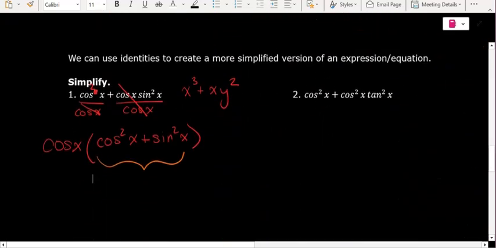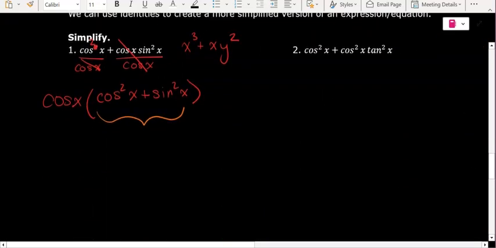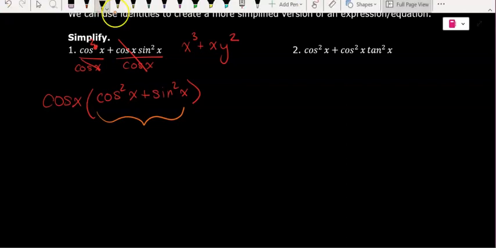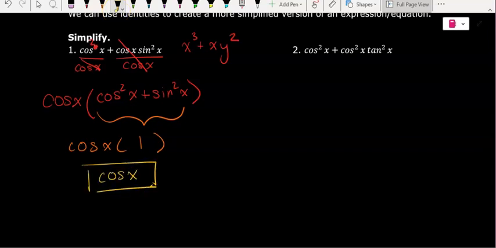As soon as I see something like that, where I see cosine squared plus sine squared, I'm going to immediately turn that into 1. So really what I just have here now is cosine x times 1. Well, we don't really write something as times 1, do we? We just get rid of that. That's no longer relevant. And so this whole thing simplifies down to just cosine, okay?